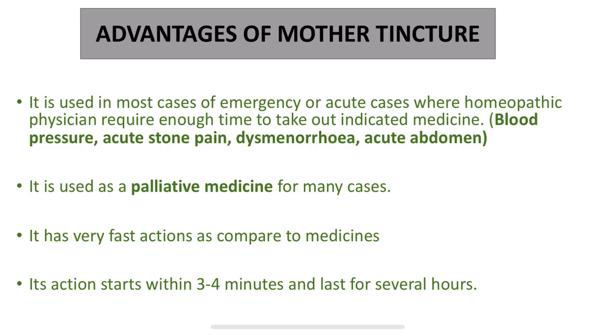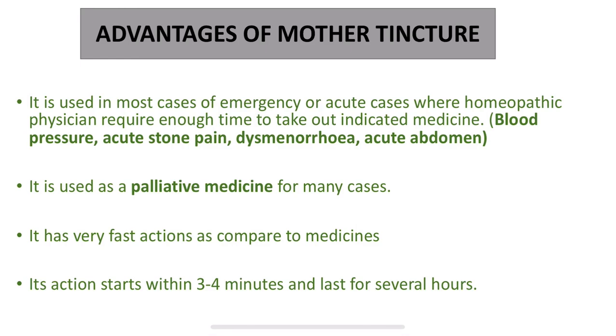Okay, the cramps that women get when it is beyond bearable, like it is hampering her day-to-day activities, then we call it dysmenorrhea. And we have acute abdomen. In these conditions, it's like an emergency case. We do not have enough time to do the totality, take the case in detail, and then give the medicine. In such cases, you can use the mother tincture.